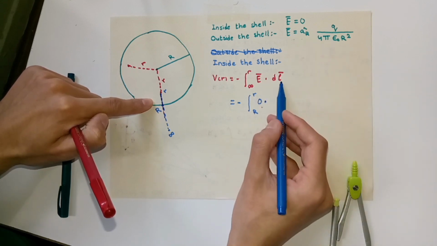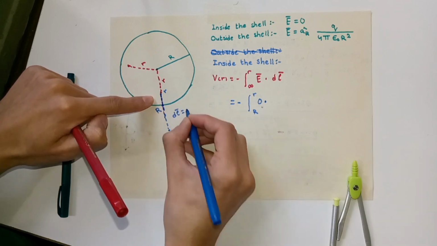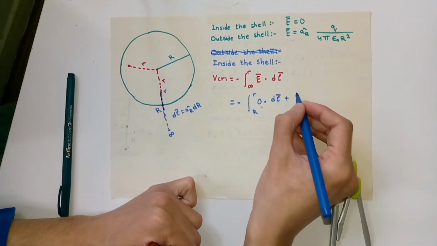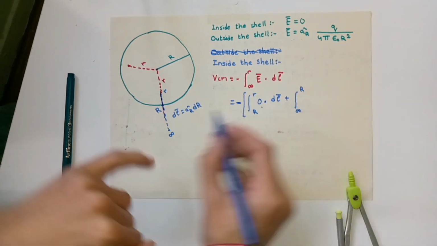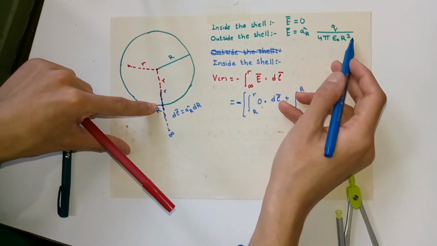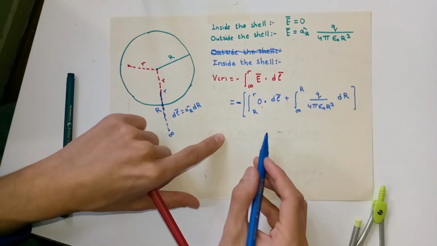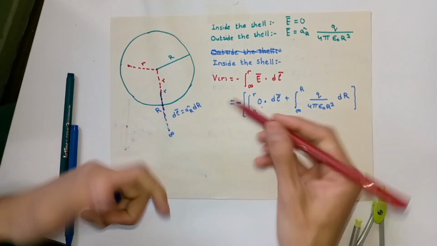And regarding the path, it is radial also. Anyway, this term equals 0 plus the electric field outside the sphere, which we said is calculated by this equation. Okay, now as we see, this term is going to be cancelled out.